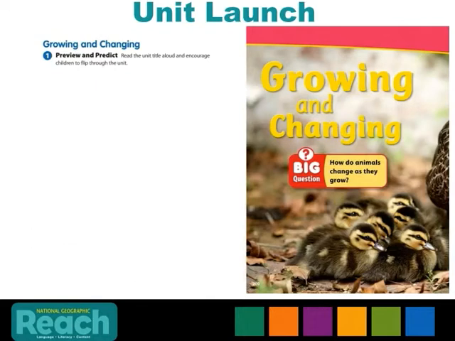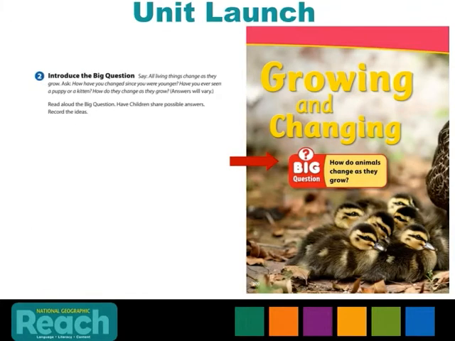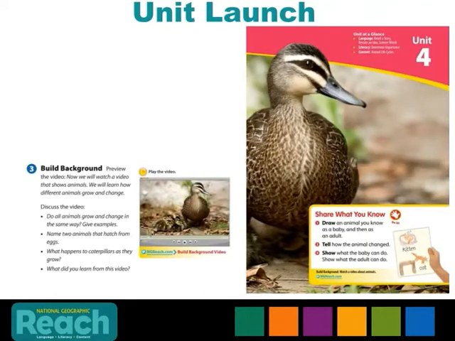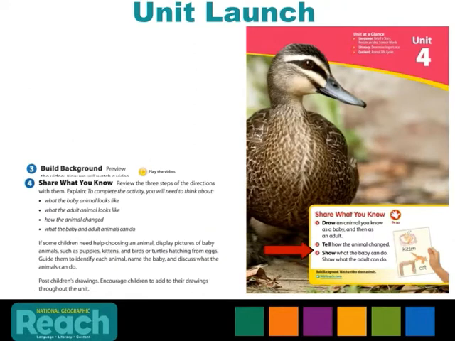We begin by having students preview and predict by reading the unit title aloud and asking students what they think they're going to learn. The next step, introducing the big question, is essential when it comes to helping students make connections to the unit theme. Following the big question, we'll build background by having students watch a National Geographic video and share what they know about the unit theme.